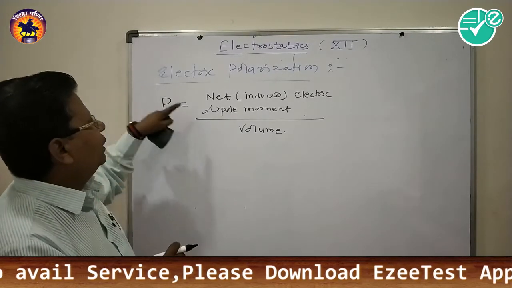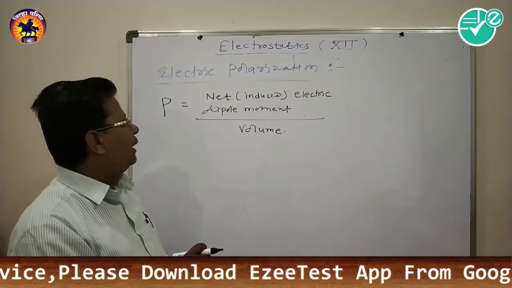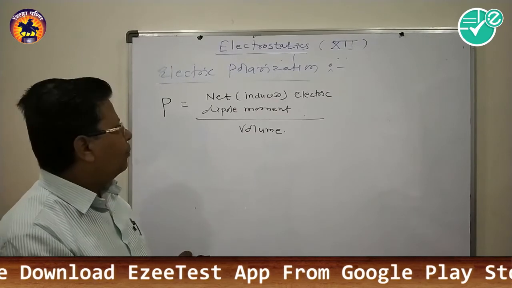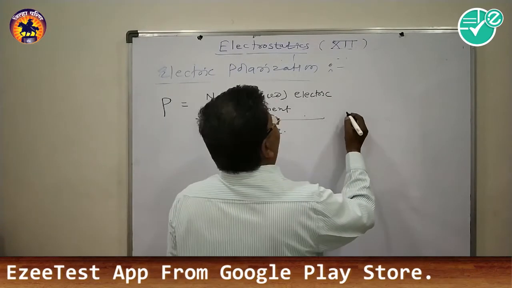So electric polarization is net or induced electric dipole moment per unit volume.